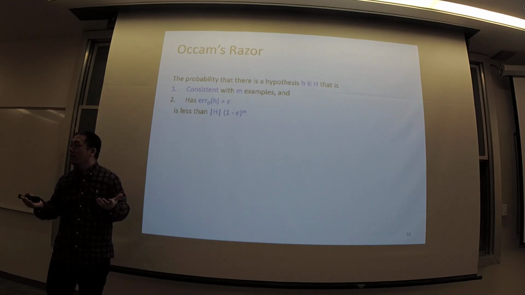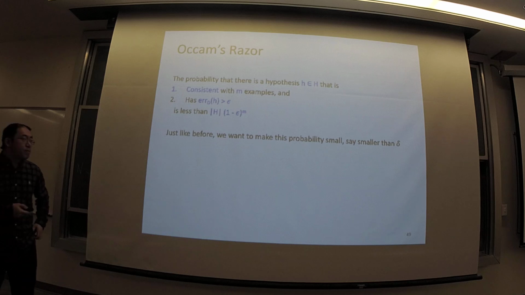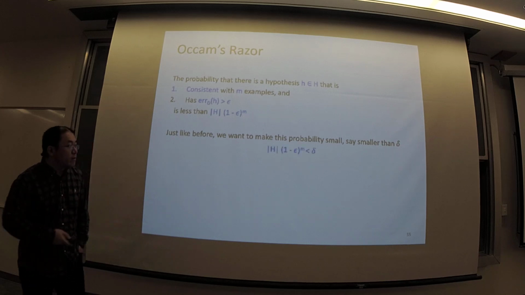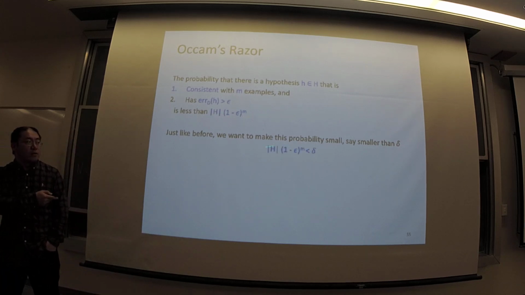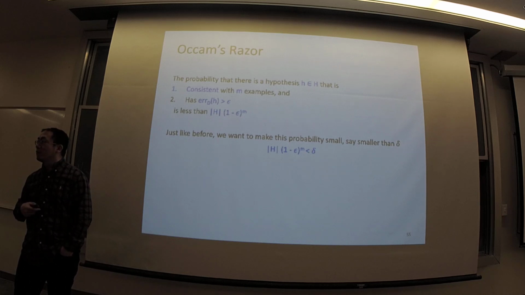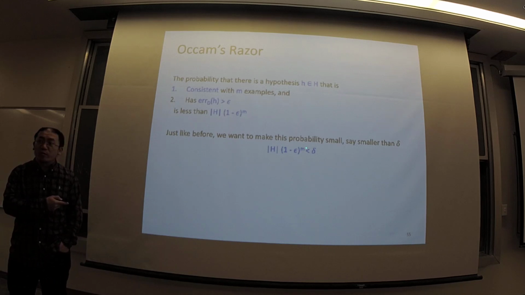That's it. If we want to make this probability small, say smaller than delta, then we just solve the inequality that this upper bound is less than delta. Then the question is how we can solve this inequality in terms of the number of training examples m.